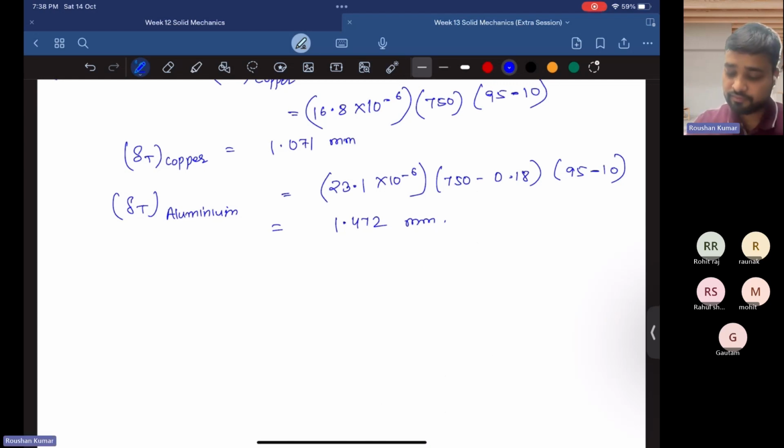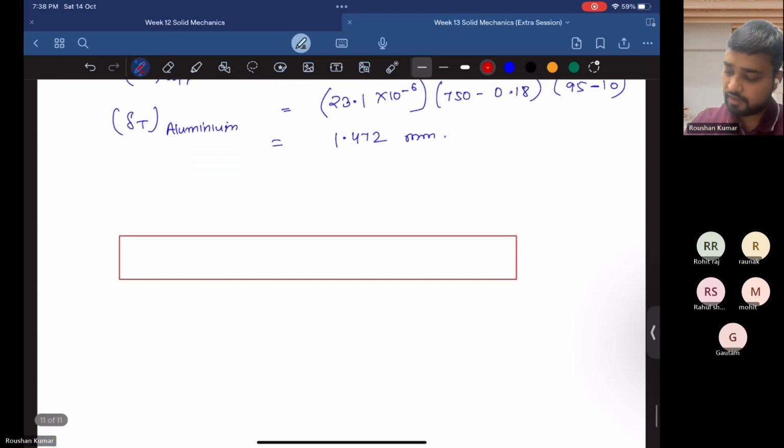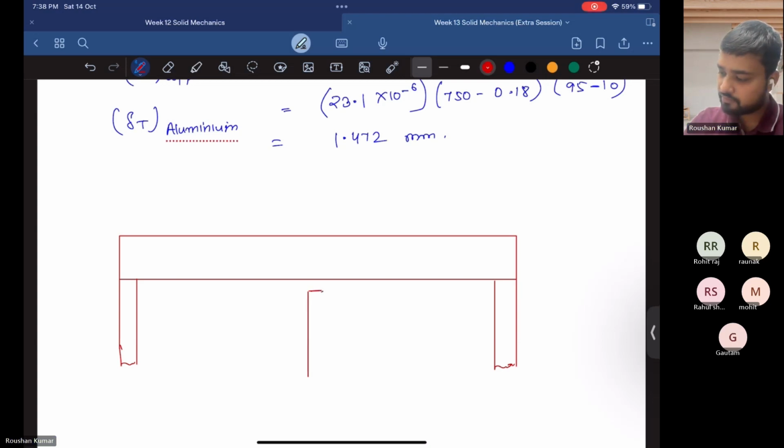So this is, suppose, a rigid slab, and here we have one copper bar, and there is a gap in between them, which is given as delta.